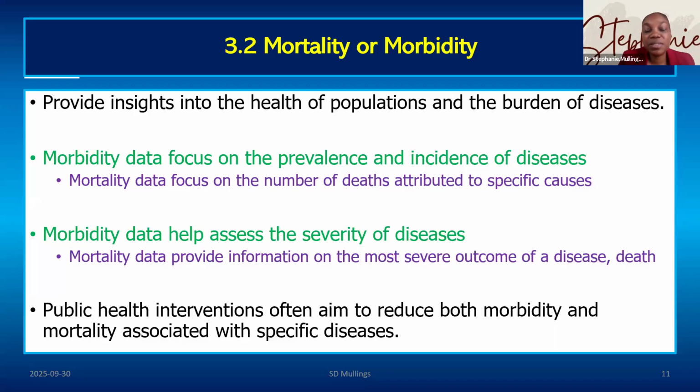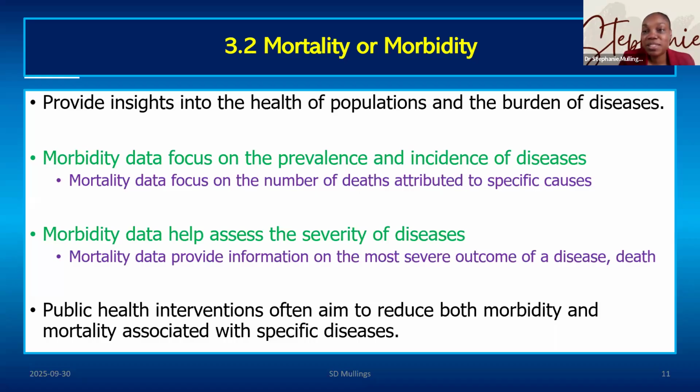We're having fewer persons developing the disease, and therefore, over time, the incidence as well as the prevalence of this disease is reducing. So public health interventions often aim to reduce both morbidity and mortality.